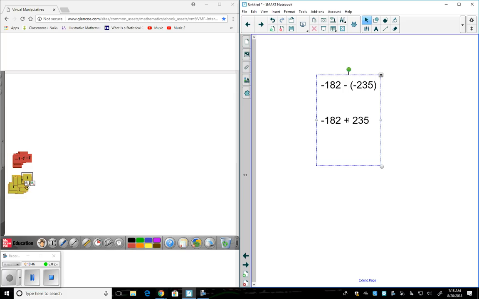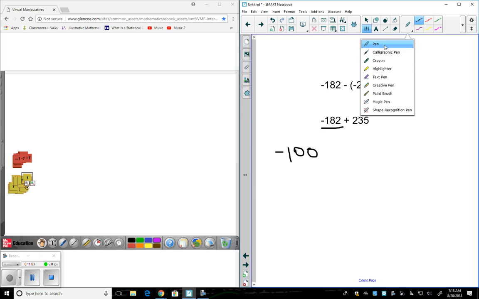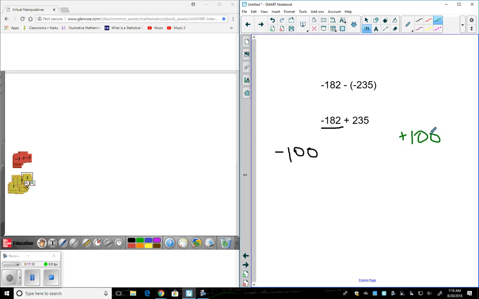Here's one thing I know that I can do. If I have a negative 100 here, and I have a positive, let's see, what color do I want to be positive? Let's do green. A positive 100 here, they will cancel each other out, okay? So this would cancel out with that.